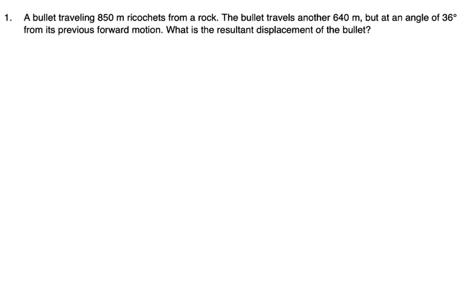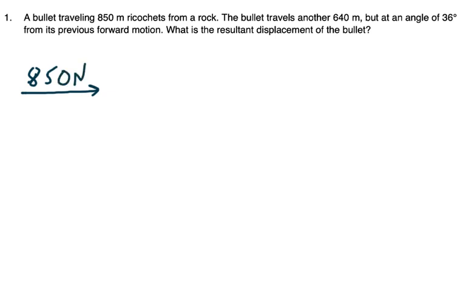So we've actually done this problem before. You still have to draw a picture so you can keep track of where the different vectors come into play. So it says that we have a bullet traveling 850 meters. So your initial vector, it's traveling horizontally. So that's 850 meters. I found my stylus, but it's still not working very well.